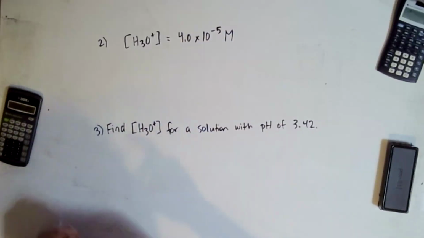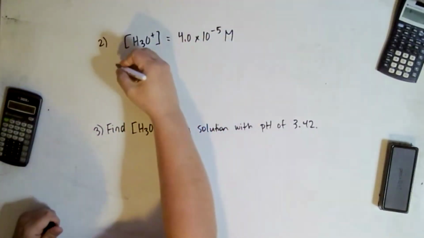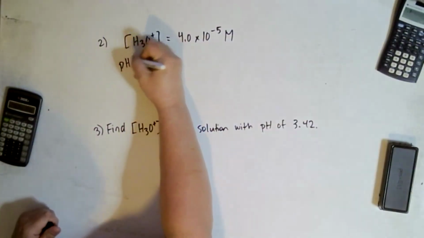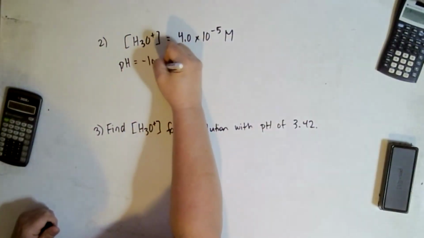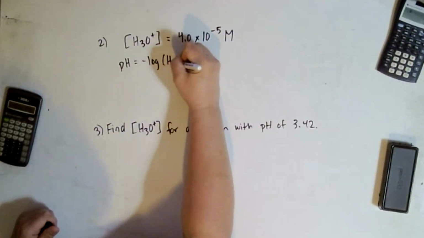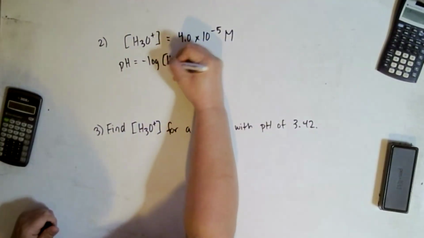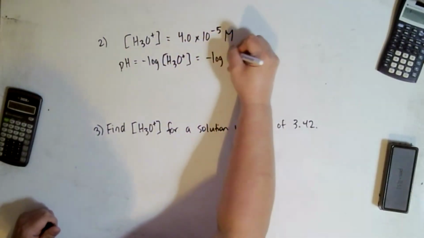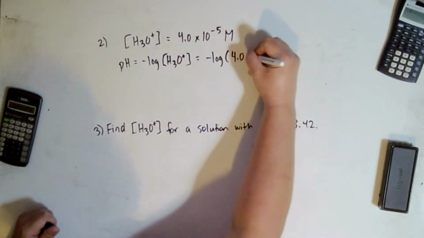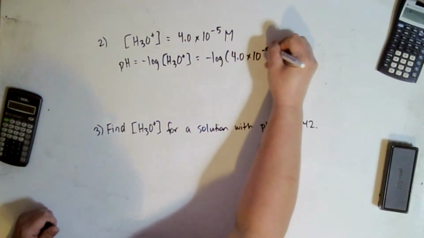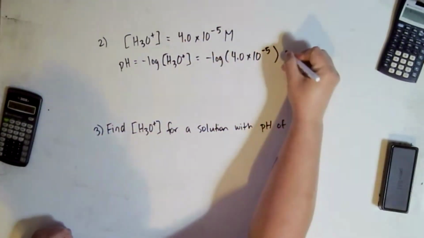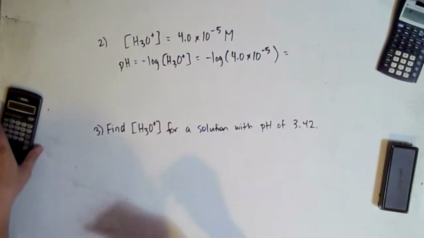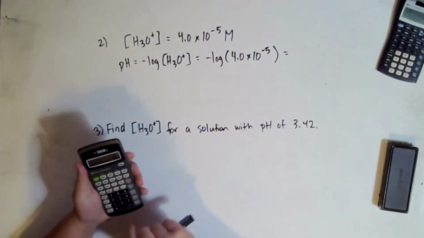So for our first one, we're going to find the pH from this. And pH is going to be the negative log of our H3O plus concentration. So it's going to be the negative log of 4.0 times 10 to the negative 5. Okay.